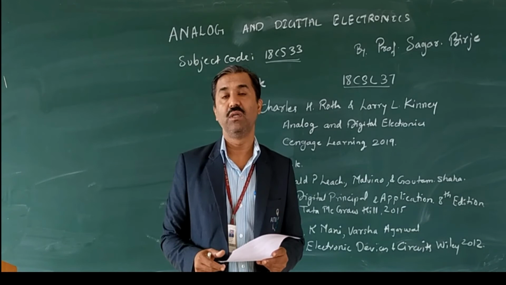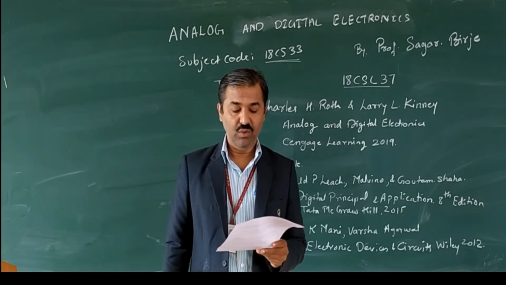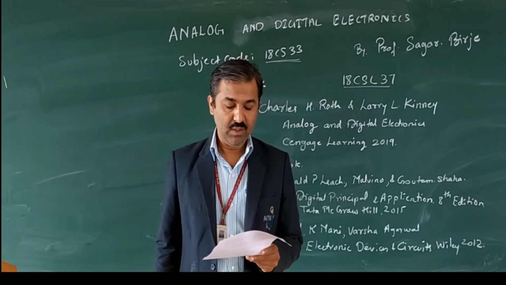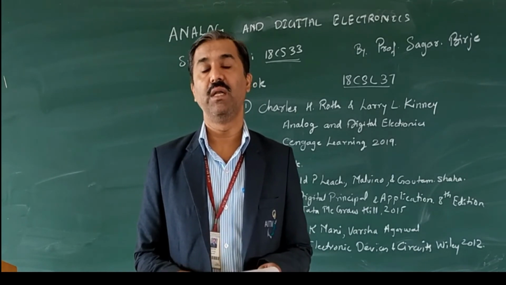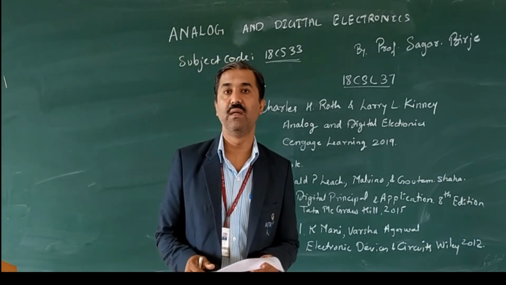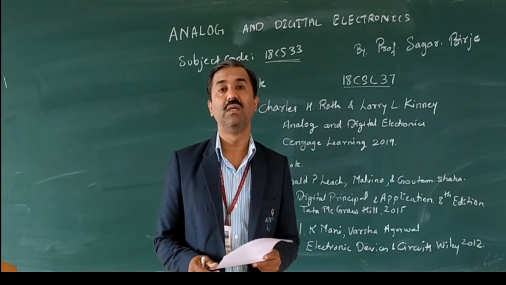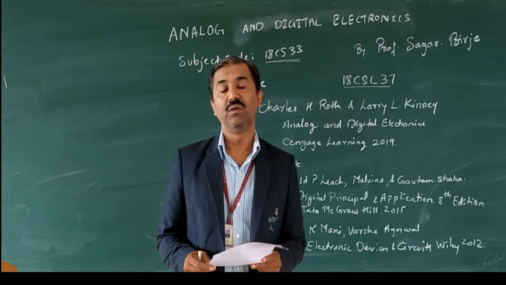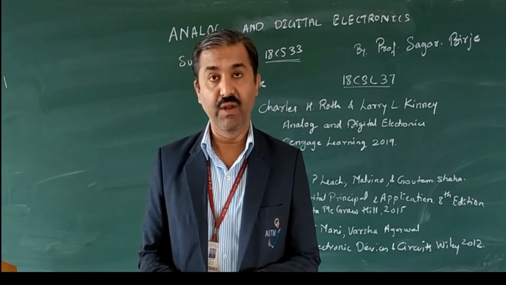Part B talks about the digital electronic circuits. Here there are totally 6 experiments, where you will be learning the design of half adder, full adder, half subtractor, and full subtractor. You will also learn the design of an 8:1 multiplexer, and the design of a JK master slave flip flop.